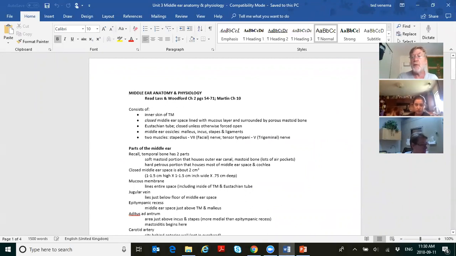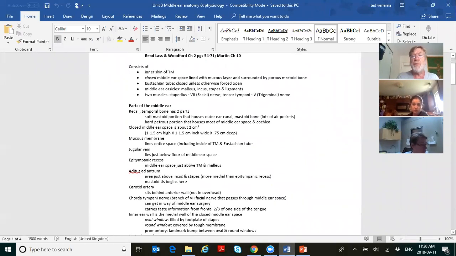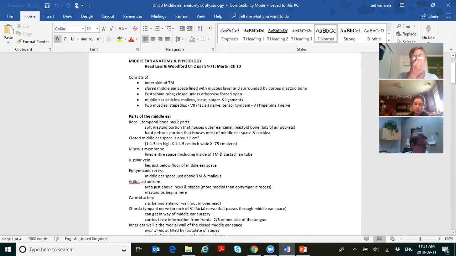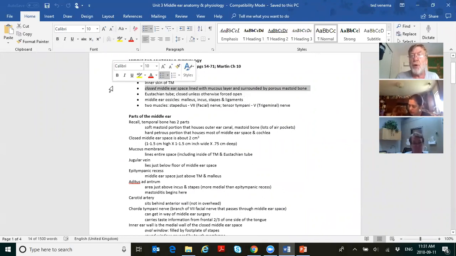And last week we covered what the middle ear basically consists of: the inner skin of the tympanic membrane, the closed middle ear space, lined with mucus lining and surrounded by porous mastoid bone, the Eustachian tube, closed unless forced open, the three middle ear ossicles, malleus, incus, stapes, and their ligaments that hold them in place, and two muscles that comprise the acoustic reflex. That's what we're going to cover today too a bit.